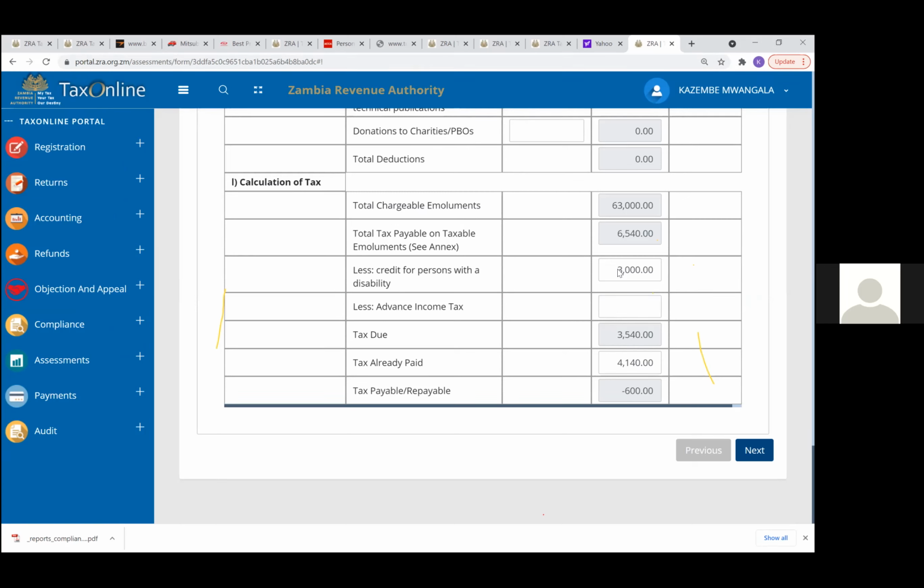But when ZRA does the calculation, they will calculate what is supposed to be due to them against what they paid. So they only paid 4,100 before allowing a deduction, when they're supposed to have paid 6,540.